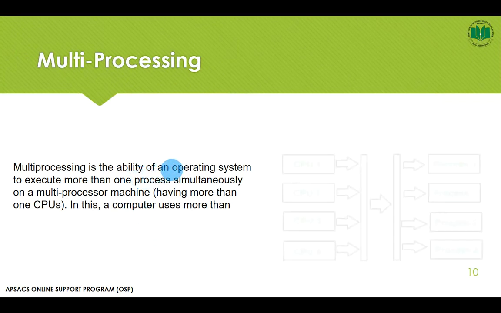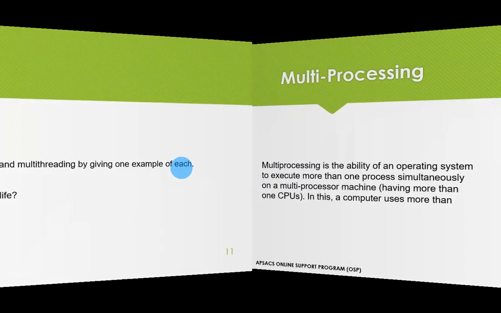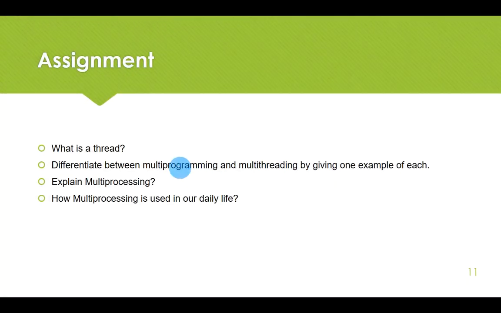Now I have a short assignment for you. You have to fill up these questions and send them to me before the lecture is over. First question: what is a thread? What is the difference between multiprogramming and multithreading, giving an example of each? Explain multiprocessing. And the last question is a logical question: how is multiprocessing used in our daily life?